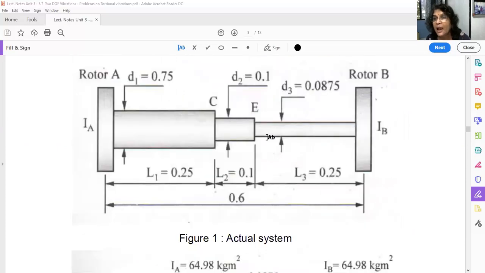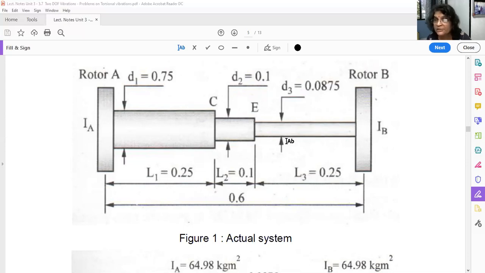What is the total length of this shaft? This region, that is EC or EB, is 0.25 meter. And what did you get? The distance of the node point from rotor B is 0.15 meter. So that means somewhere here the node point lies.